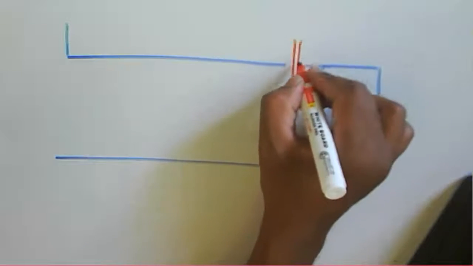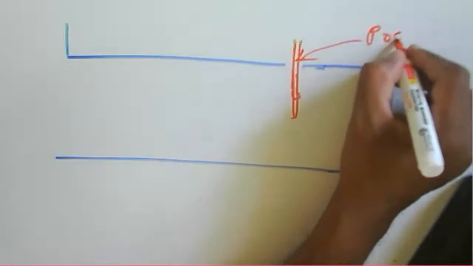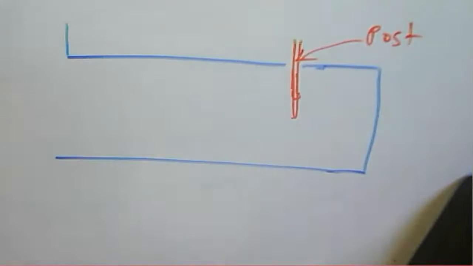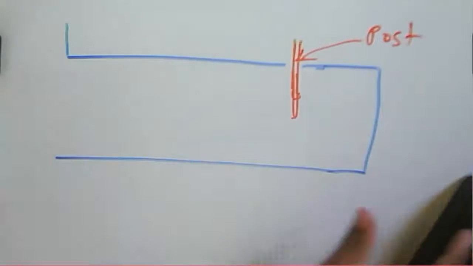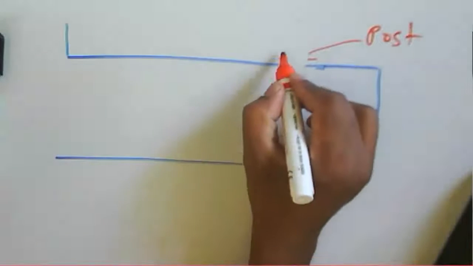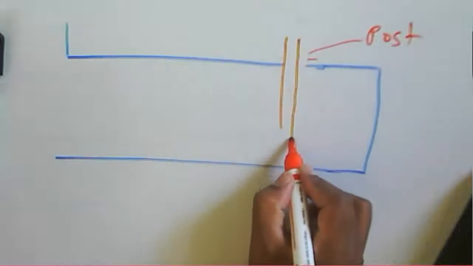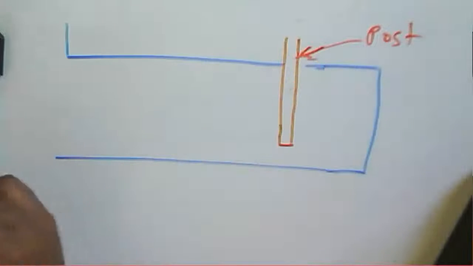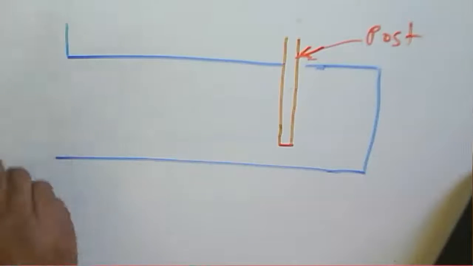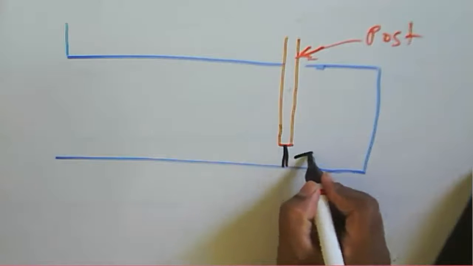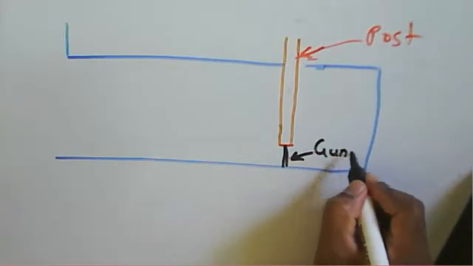This one is called a post, and this post is connected to the post length. I just draw it very small. At this particular post there is a device, and this one is your Gunn diode.